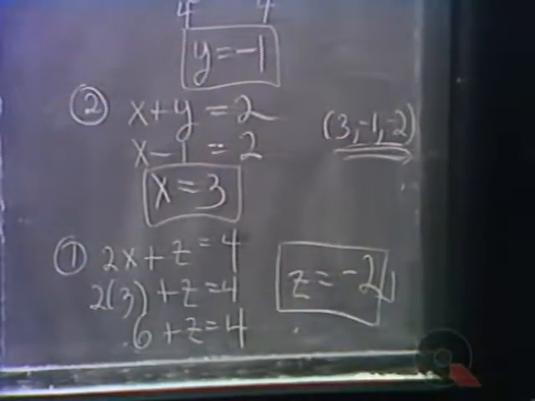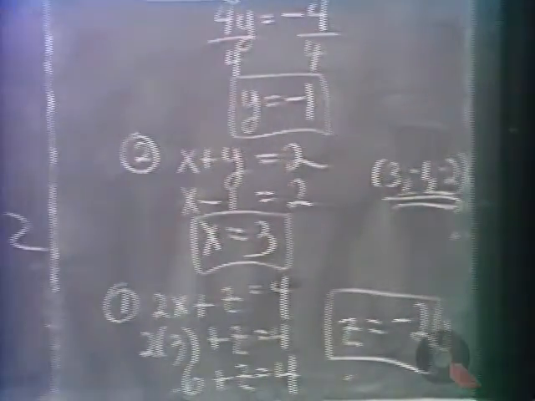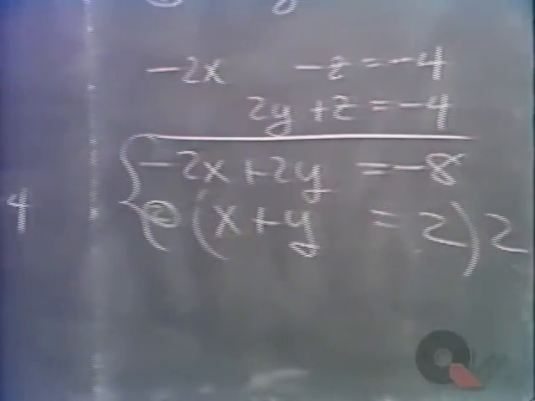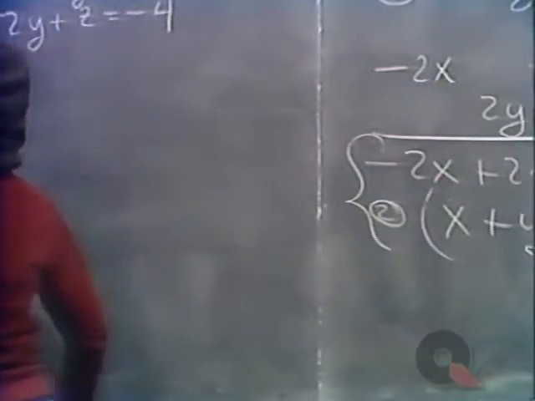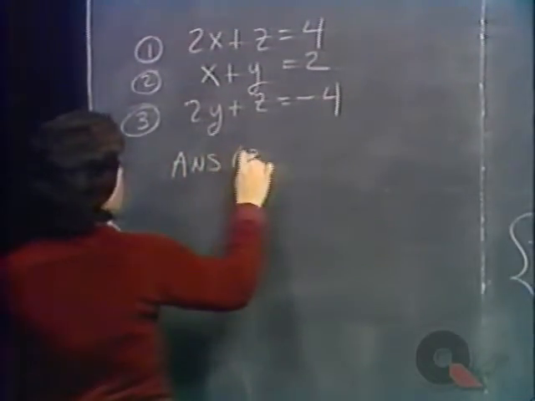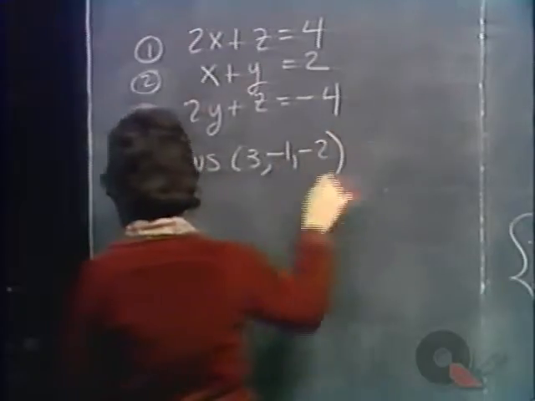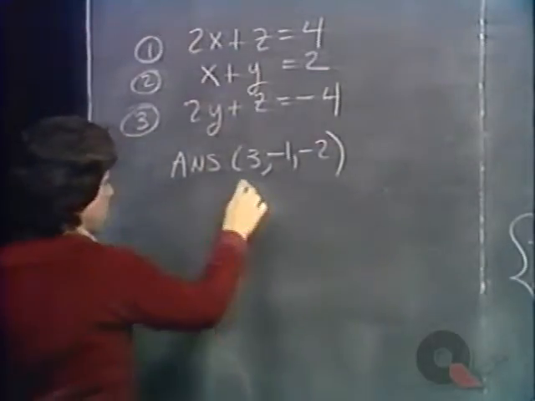And all I'd like to do now is to go back to the original system of equations and check this answer in the original system. Here was our original system of equations. The answer, we believe, is 3, minus 1, minus 2: x, y, and z.